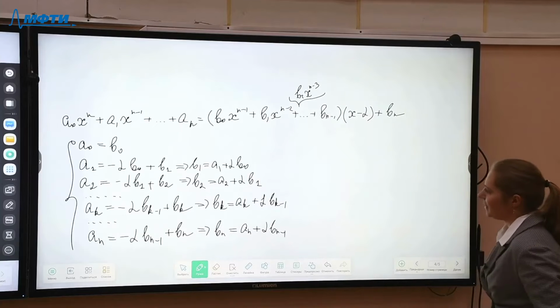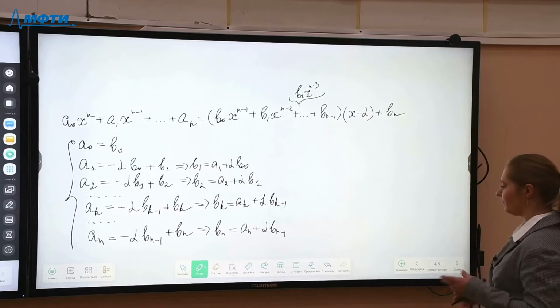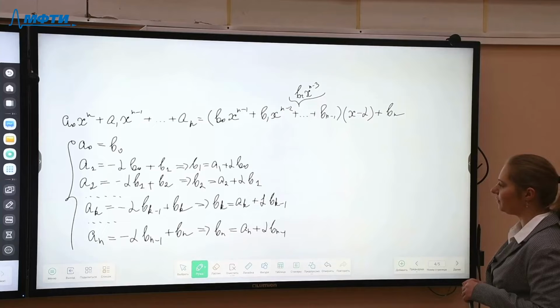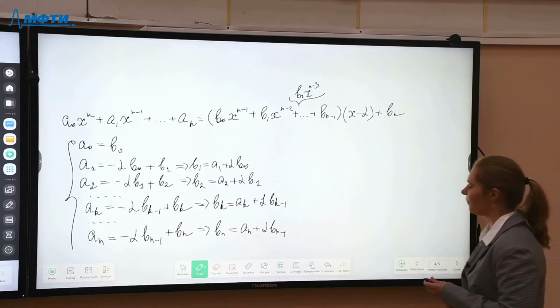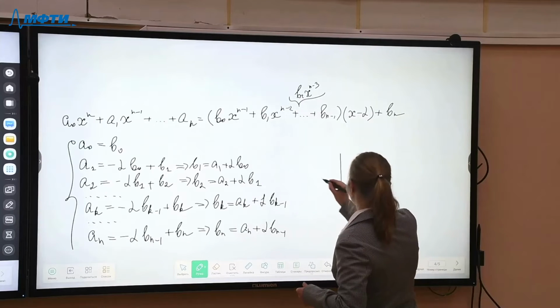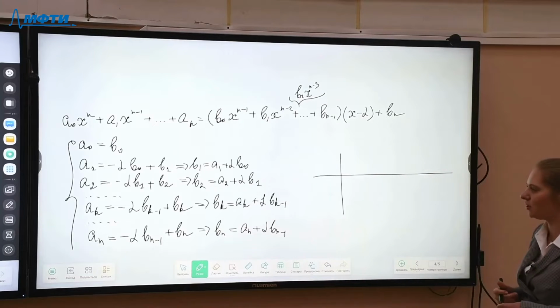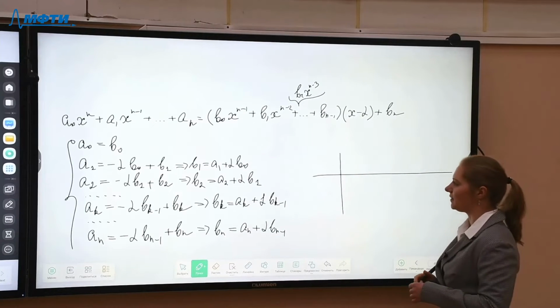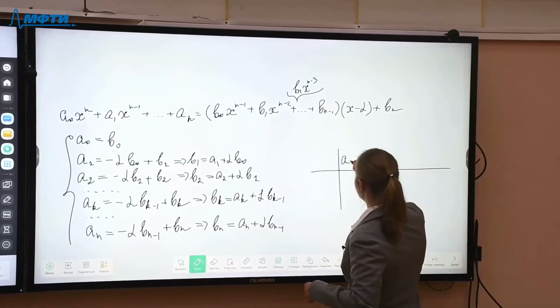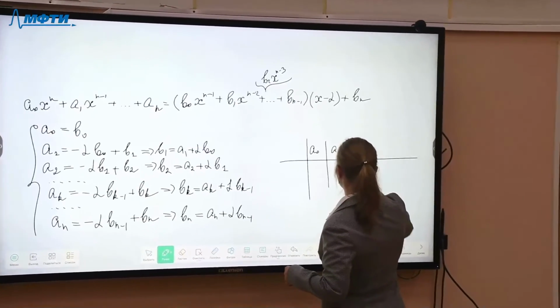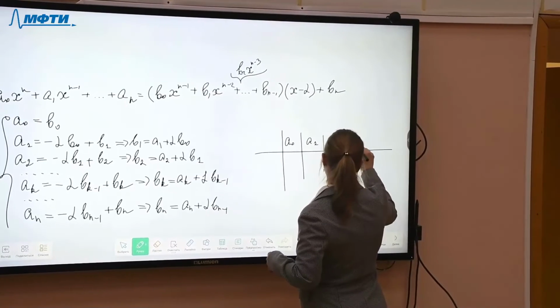To use this algorithm, it's very useful to use a table. So here, in the first string, let's write the coefficients of the dividend. So a0, then a1, then a2, and so on.